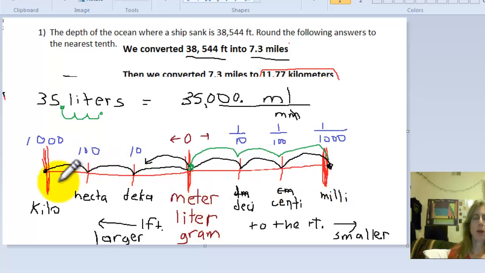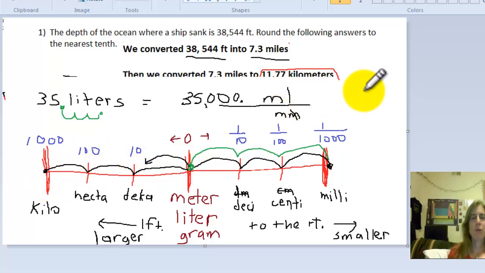And then the other way, when you have a kilometer, that means 1,000 meters are in 1 kilometer because we're going over this way. Or 1,000 liters are in 1 kiloliter. 1,000 grams are in 1 kilogram. Okay, so that's my little cheat sheet.